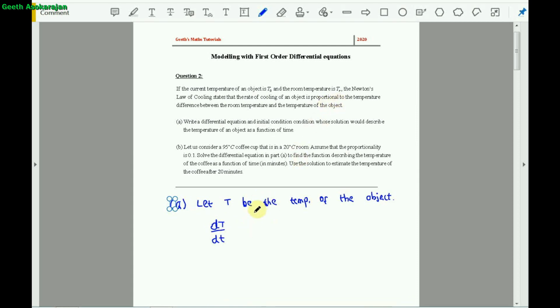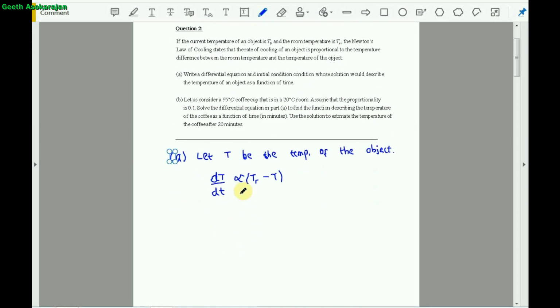And that is proportional to the temperature difference. So difference relates to a subtraction, but it's the difference between the room temperature, TR, and the temperature of the object, meaning capital T. So remember we've defined capital T to be the temperature of the object.